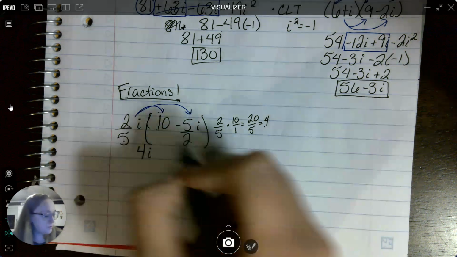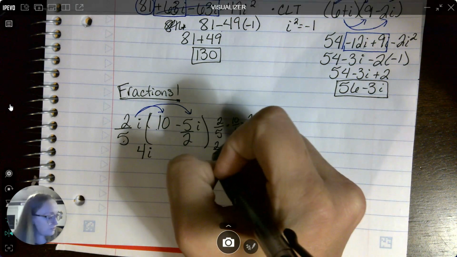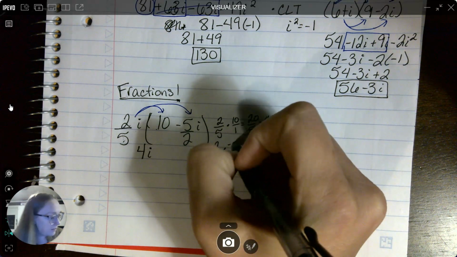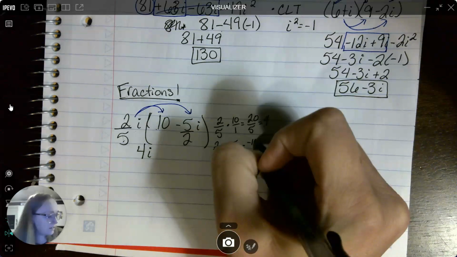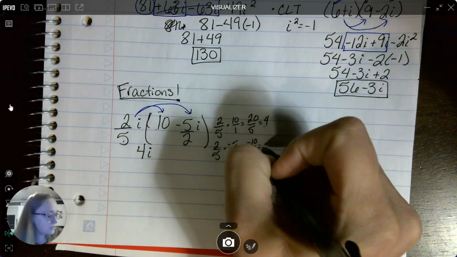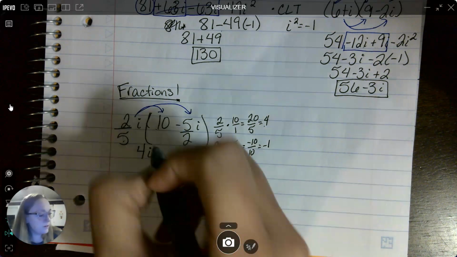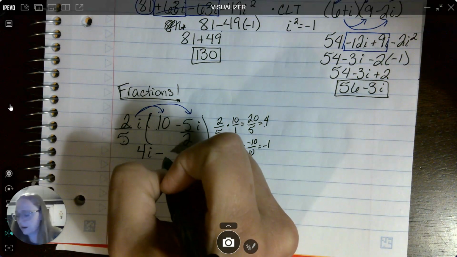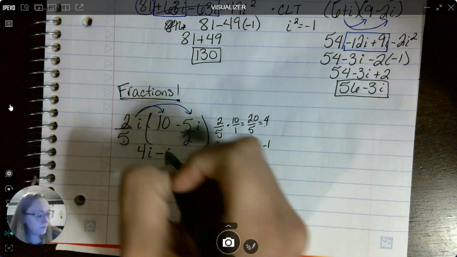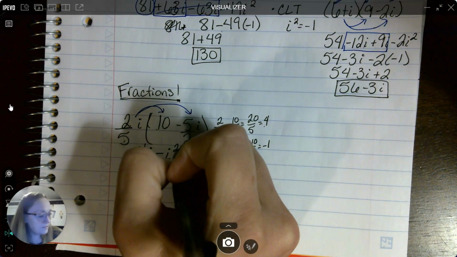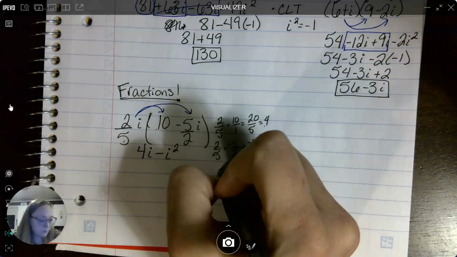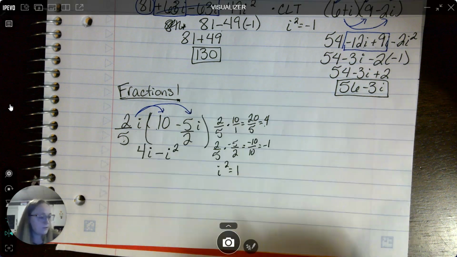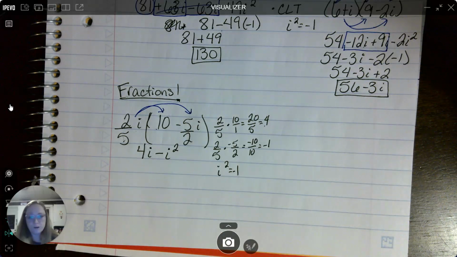Okay. Multiplying over, I get 2/5 times a negative 5/2. Again, multiply across, I get negative 10 over 10, which is negative 1. So I get minus 1i. And an i times an i is i squared, which we know, the more we write it, the more we know it, i squared is equal to negative 1.